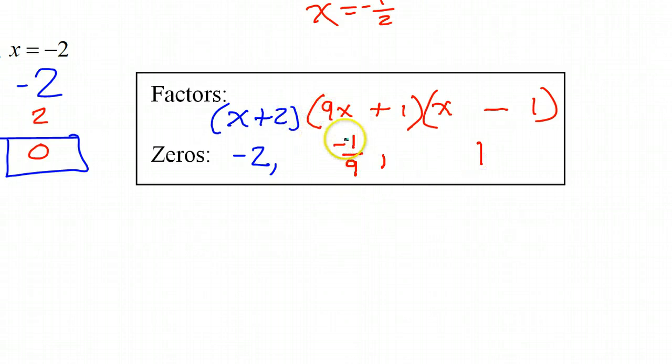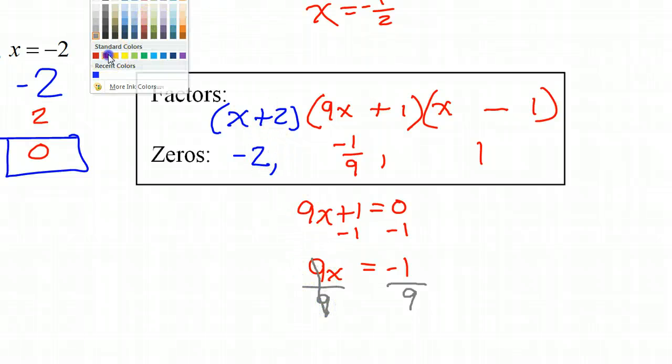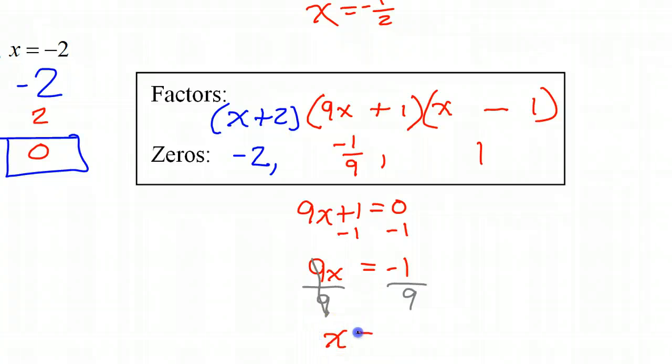And once again, this negative 1 over 9 comes from taking this and setting it equal to 0. So really, I went 9x plus 1 equals 0. I subtracted 1 on both sides. And then I divide it. So that's how I got x equals negative 1 over 9.